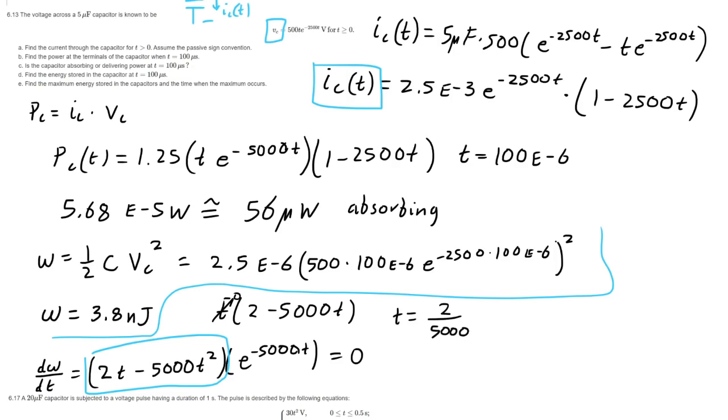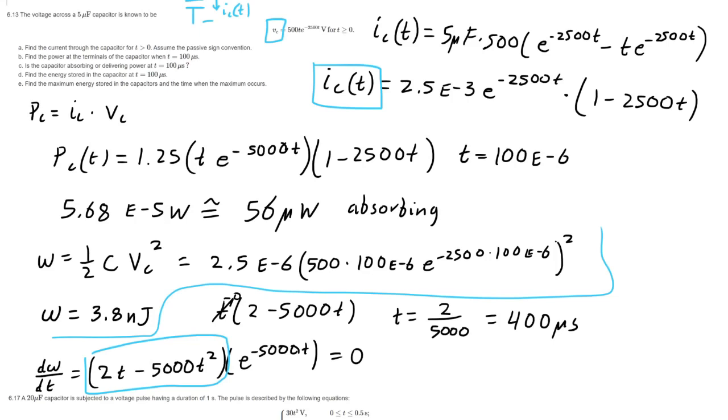So 2 divided by 5000 is 400 microseconds. That's when we're going to have the maximum amount of work.